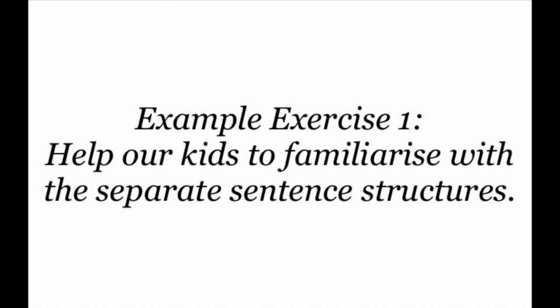First of all, let's help them to familiarize with these separate sentence structures. They'll have to first familiarize with the pronunciation of the words yes, it is, no, it isn't, like that. In order to help them to familiarize with these sentence structures, we'll first ask the same question in the same sentence structure.